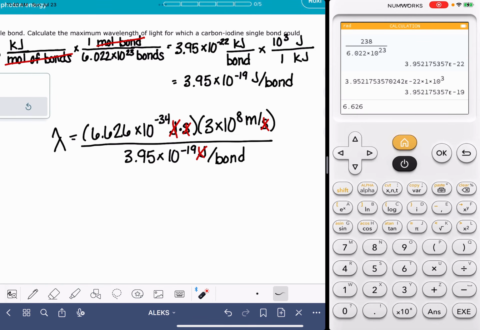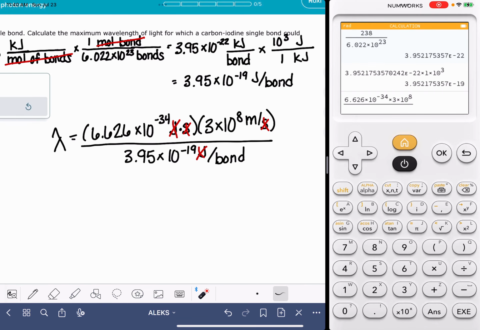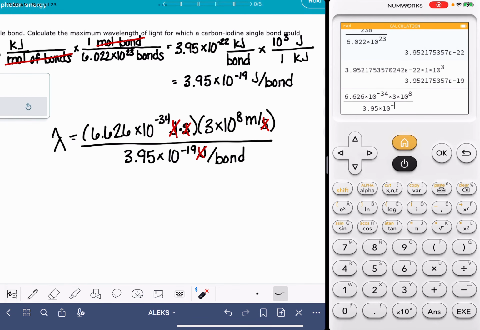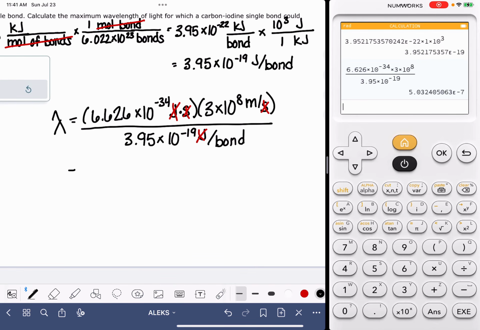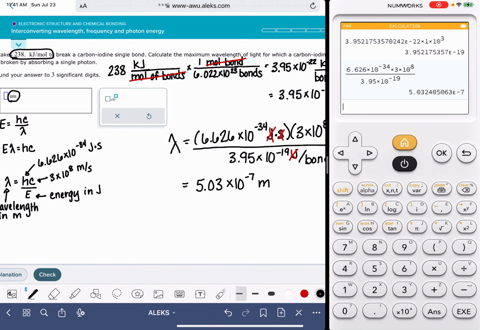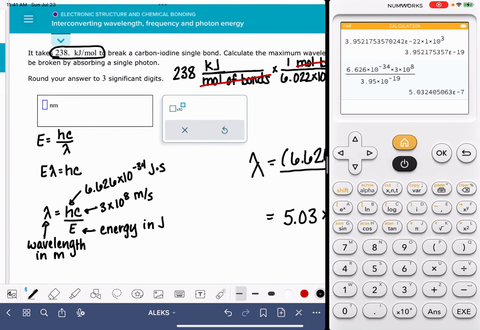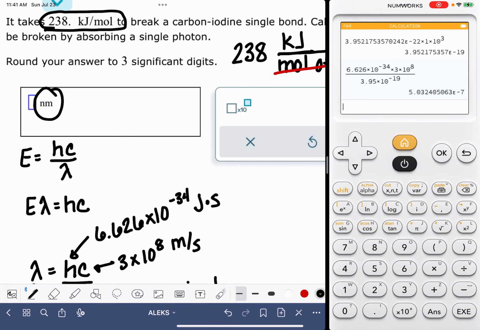So I'm going to carry out the math on this. 6.626 times 10 to the negative 34 times the speed of light, 3 times 10 to the 8th, divided by 3.95 times 10 to the negative 19. And I get a wavelength of 5.03 times 10 to the negative 7. The units are meters per bond. I'm just going to start writing meters. And remember that the problem wants us to express this in units of nanometers.